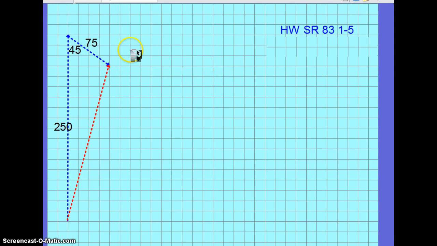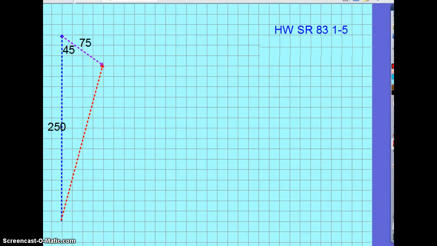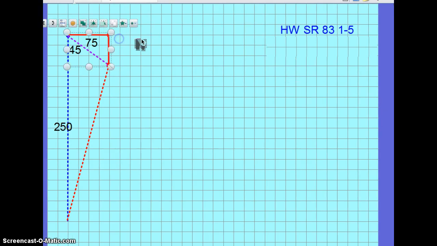Well, to get that, we have to take this one and break it down into an x and a y. By breaking it into an x and a y, we can then rearrange our vectors.